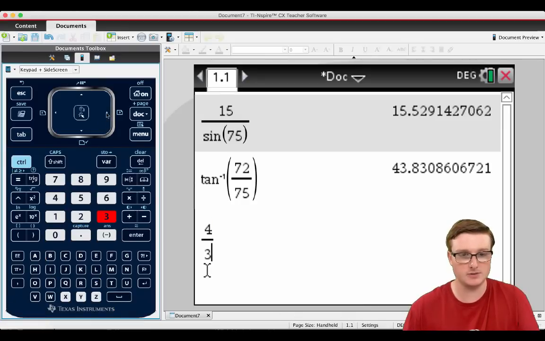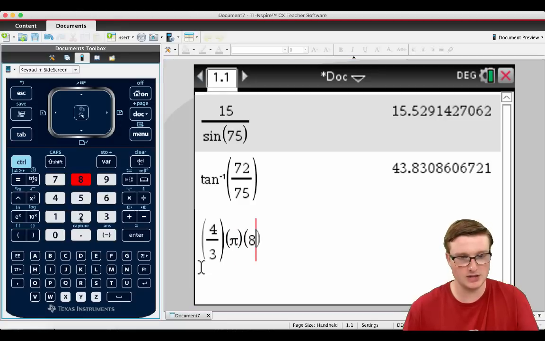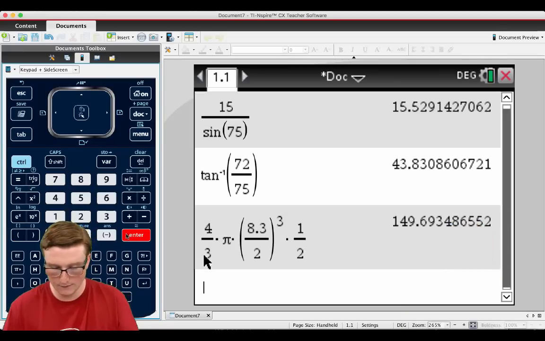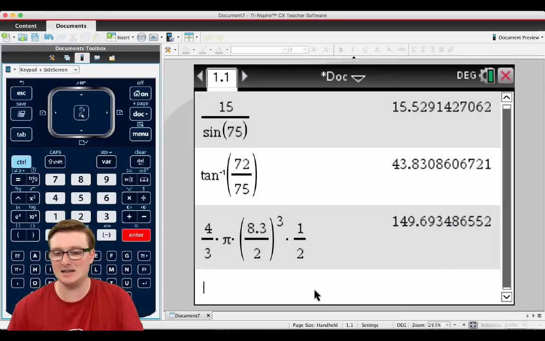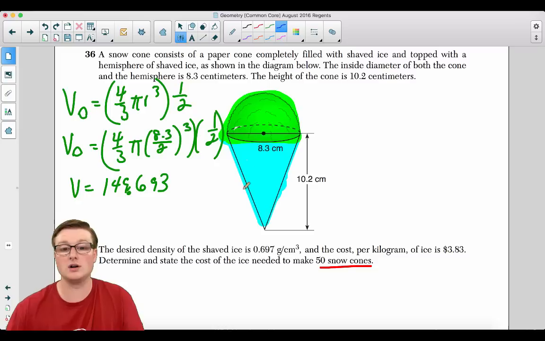So 4/3 times pi times my radius, which is 8.3 over 2 quantity to the third, and all of this is being multiplied by 1/2. I'm getting 149.693.